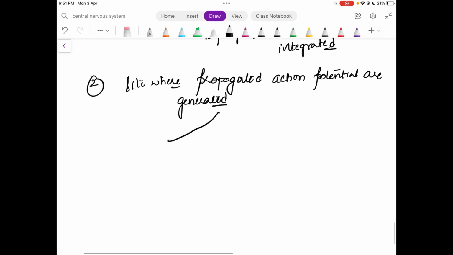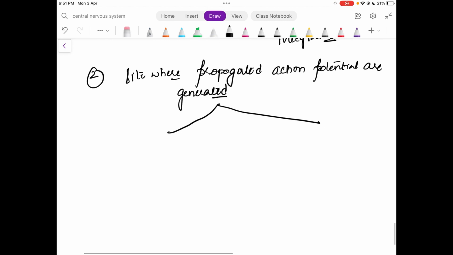This generation of action potential occurs at two places based upon the different types of neuron.